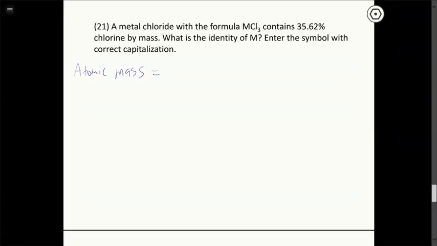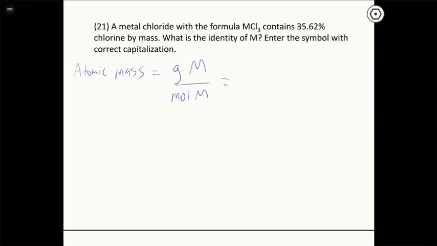To find atomic mass, or any molar mass, it's the number of grams per mole. If we know how many grams of metal we have, and how many moles that corresponds to, dividing those 2 quantities is going to give us the atomic mass in grams per mole. So whenever you're trying to identify an unknown substance, think about molar mass, and then think about the fact that you'll need the mass and the moles.